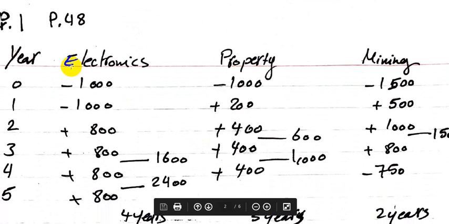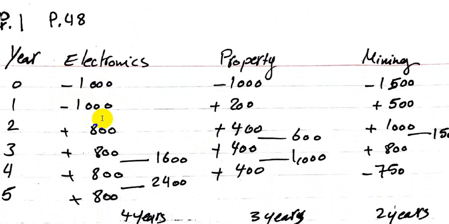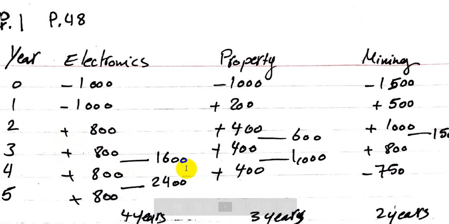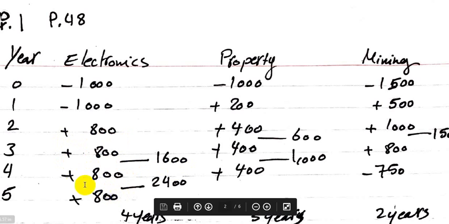Here at the first project we have two outlays at year 0 and year 1 for the preparation of the calculators, and starting from year 2 there will be 800 pounds, and at year 3 there will be another 800. So this sums to 1,600, which does not pay back the initial investment.